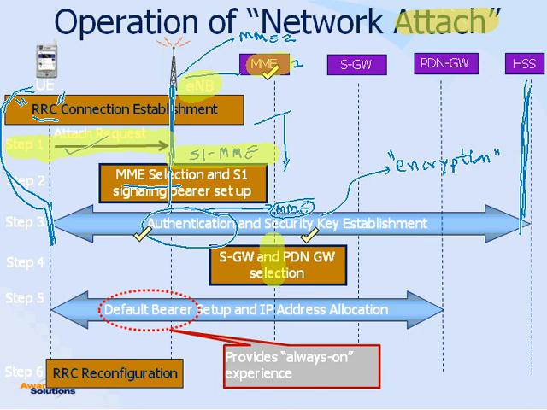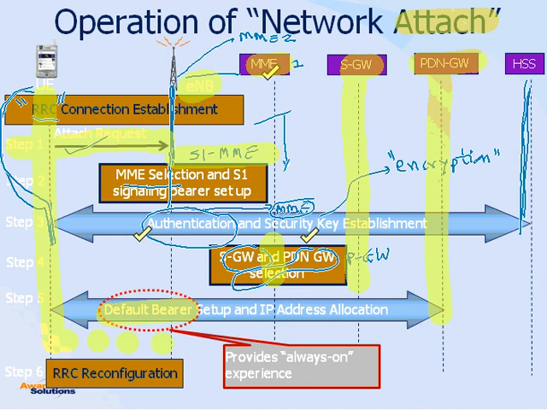MME will now pick a suitable serving gateway and PGW, PDN gateway is your PGW, SGW and PGW for that UE. So in this example, we have picked this serving gateway, MME has picked this PGW, and now we will establish a default bearer between the UE and edge of the network, which is PGW.